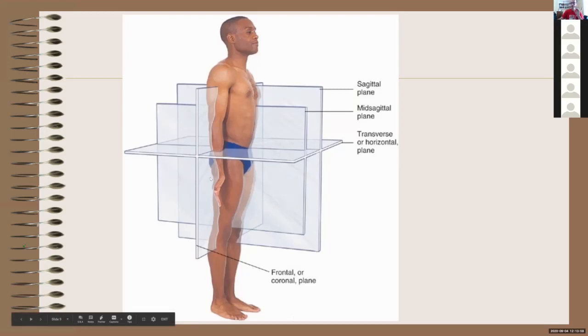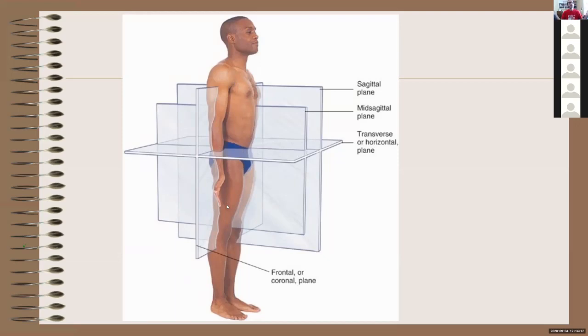So that's the frontal section. And then the last one, that's the transverse. And it is horizontal. So sometimes we just use the word horizontal plane. So transverse and horizontal mean the same thing. It's basically chopping this person in half, top to bottom.